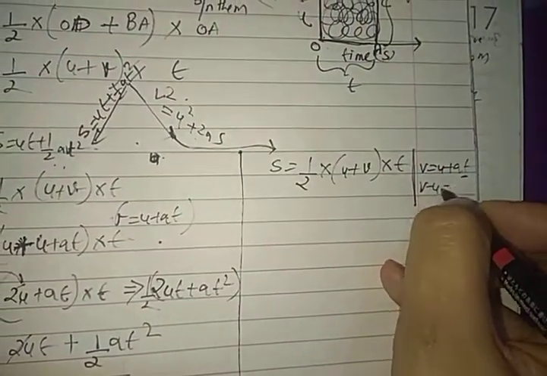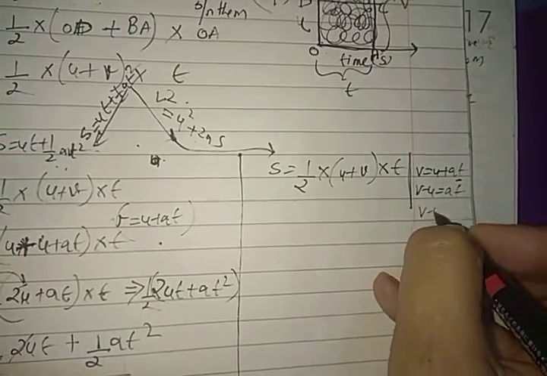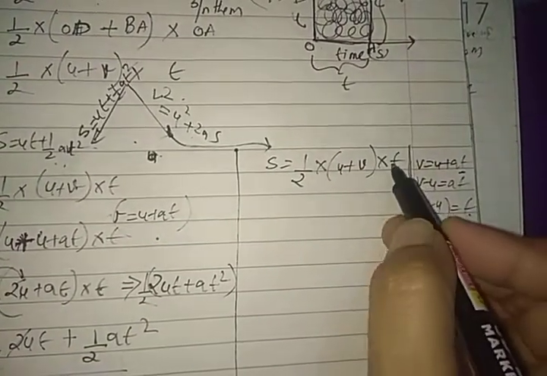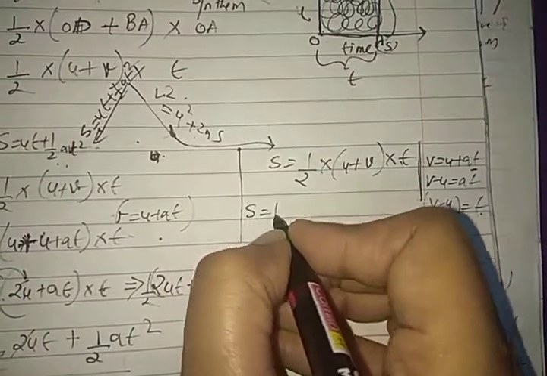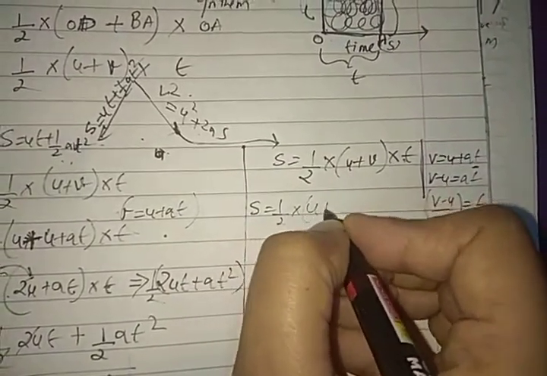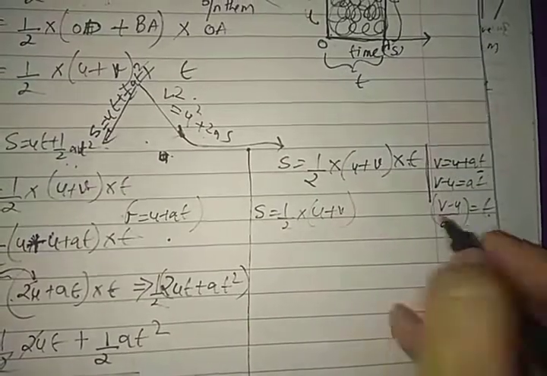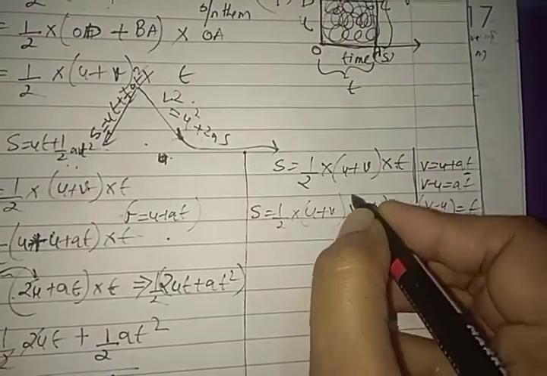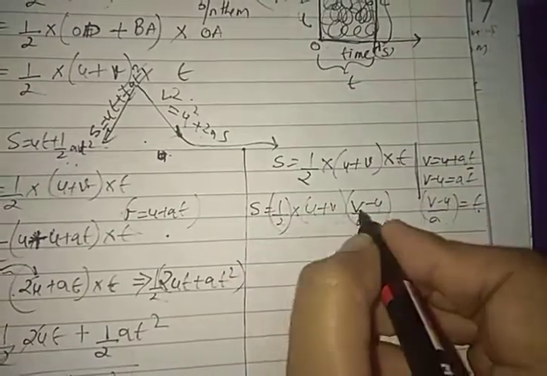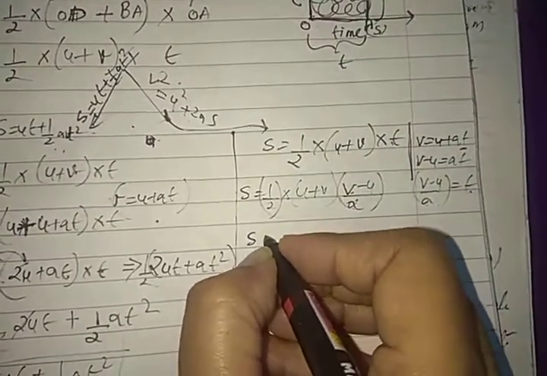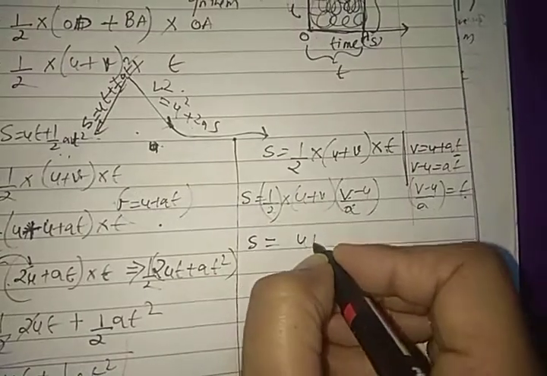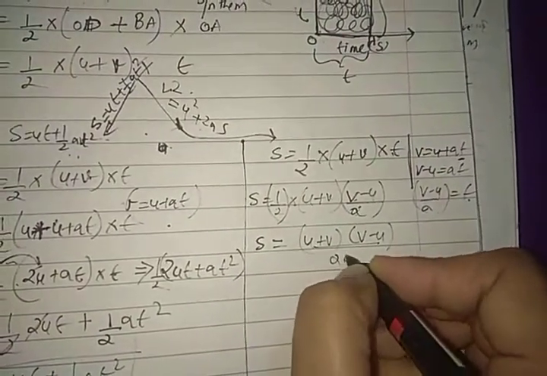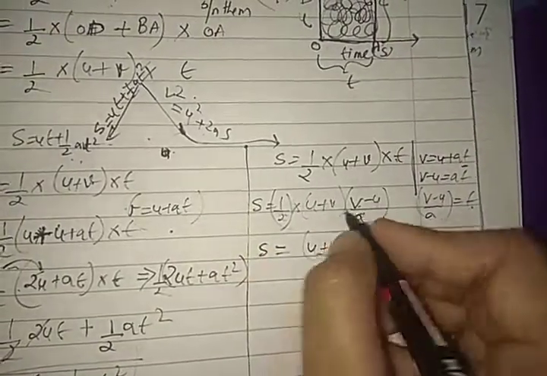So v = u + at gives v minus u equal to at, and v minus u upon a equals t. Apply the value of t here: s is equal to half into u plus v, then instead of t write v minus u upon a. They are all in multiplication, so s is equal to u plus v into v minus u upon 2a.